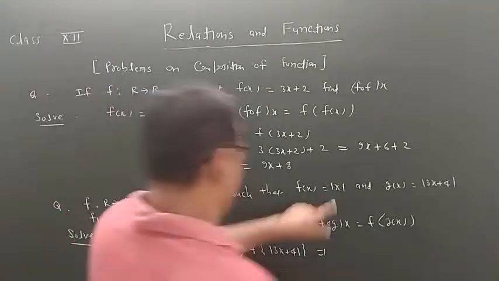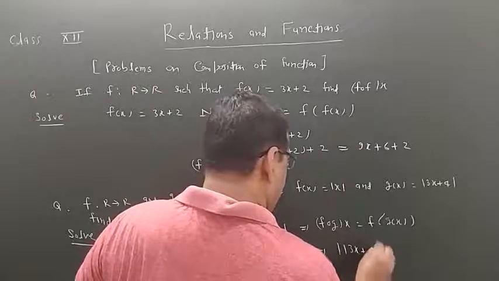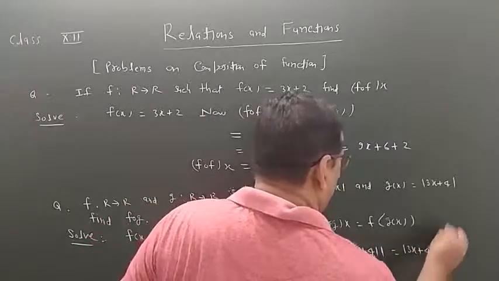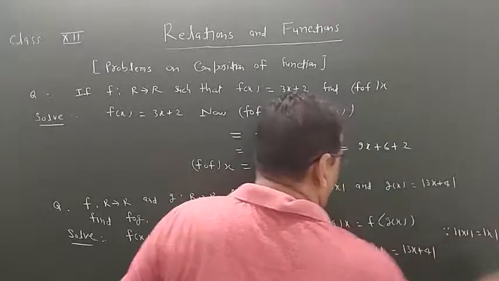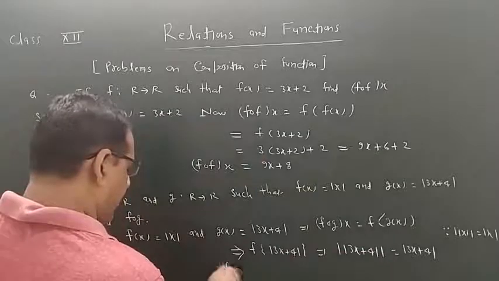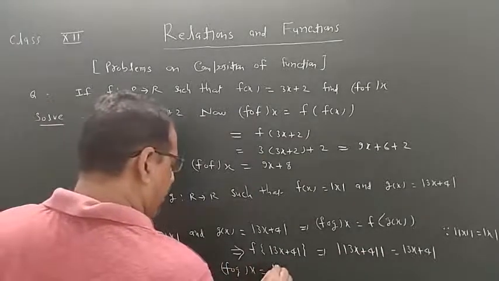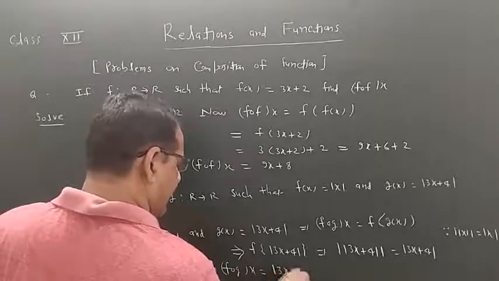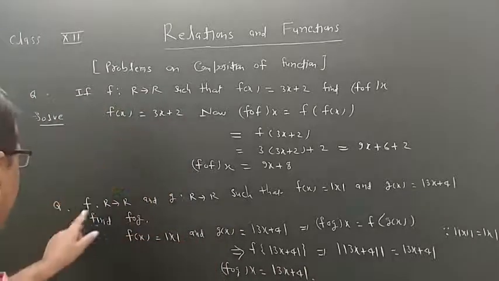So f(x) equals mod x gives mod of mod of 3x plus 4, which equals mod of 3x plus 4, because mod of mod x equals mod x. So fog(x) equals mod of 3x plus 4.